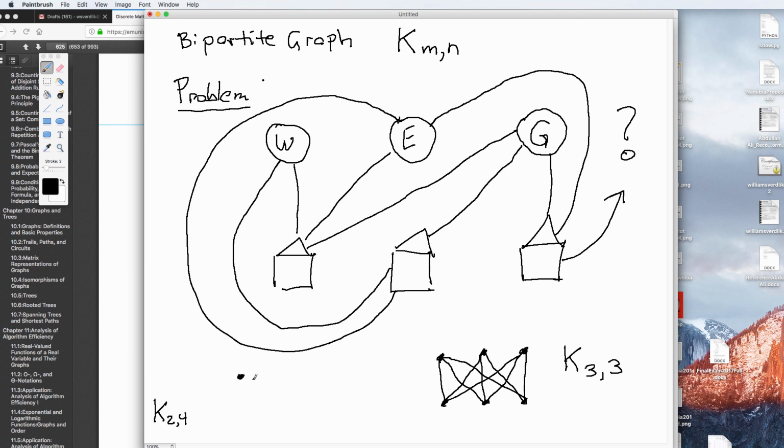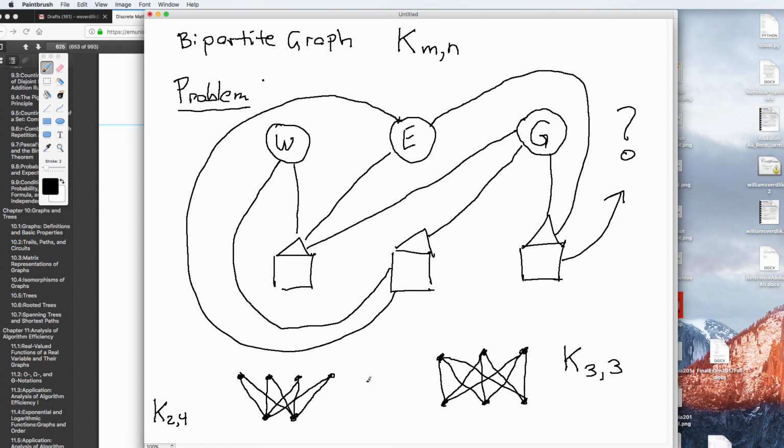So for example, if I wanted to have K 2, 4, I would put 1, 2, 3, 4 on one side, and I would put 2 on the other, and I might do something like this. This is what the graph would look like. So there's K 2, 4.